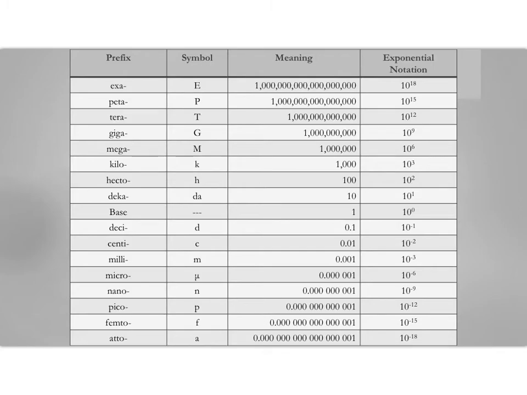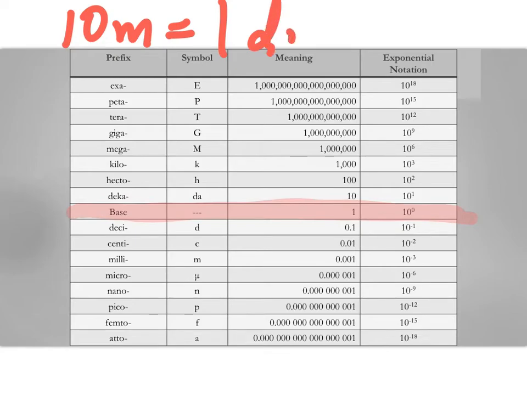The base unit is the starting point. So if we're talking about meters, for example, we might have 1 meter. But if you have 10 meters, you might talk about decameters. And a decameter is 10 meters, and you would write it as 1 dam for deca and m for meters.